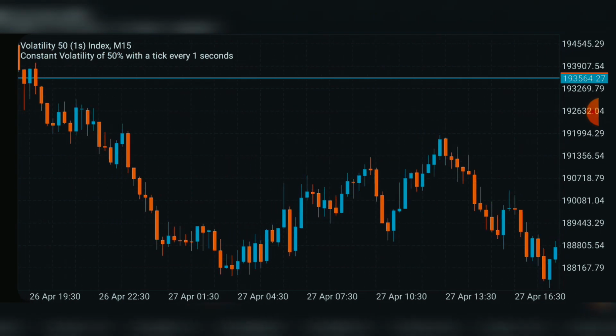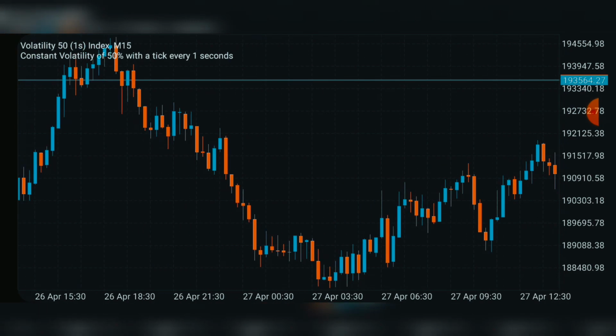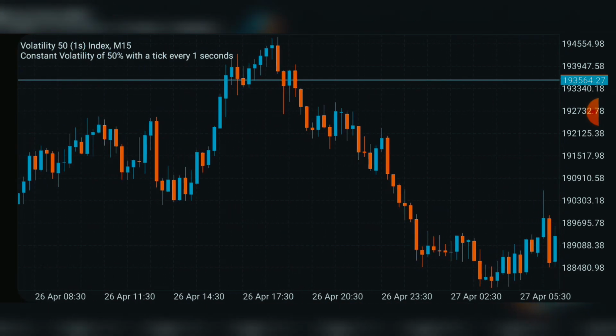As you guys can see right here, I actually have the VIX 51S chart up right now, and this is the derivative volatility pair. It's a synthetic index, right? It's not operated by any specific market conditions like commodities or the normal volatility indices.